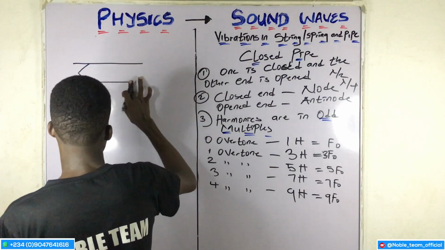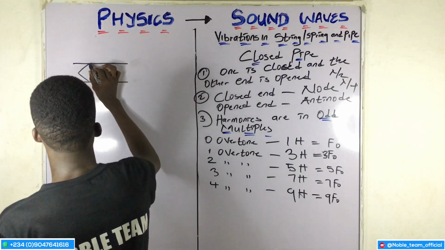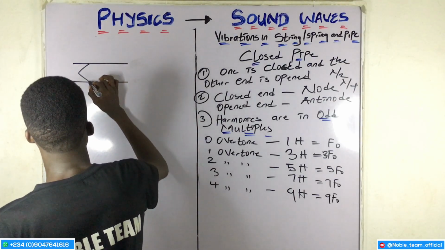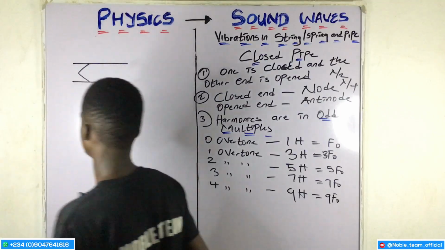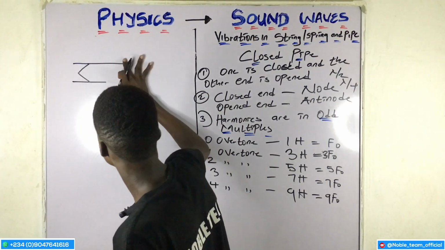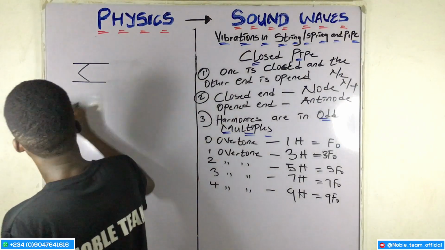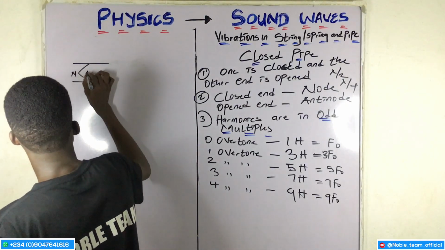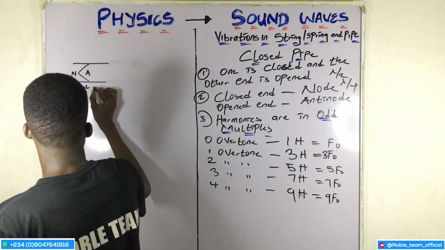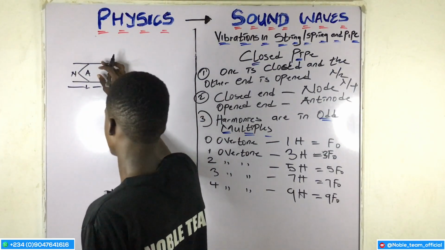Or let me just derive a formula first. One end is closed and one end is open. This is an example of the first member of it. So, this is my node, and this is my antinode, and this is my length. You can see that this place is closed and this place is open.